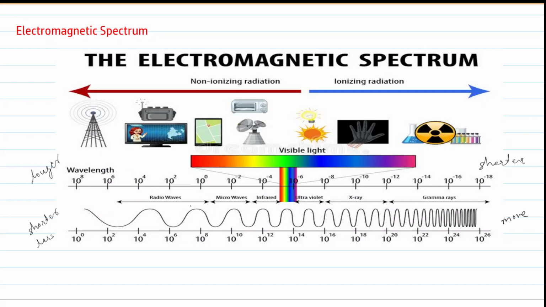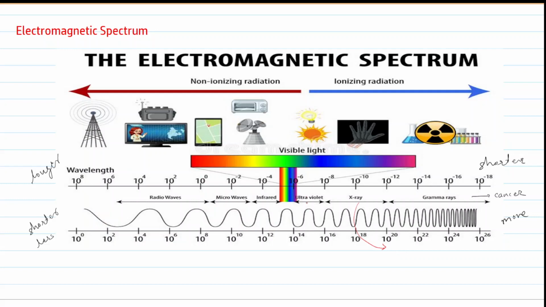Depending upon the wavelength, their frequency as well as energy, they have different uses. These gamma rays are used in the treatment of cancer, whereas these X-rays are used in the study of fractures, that is broken bones.